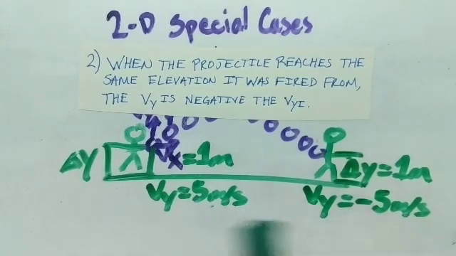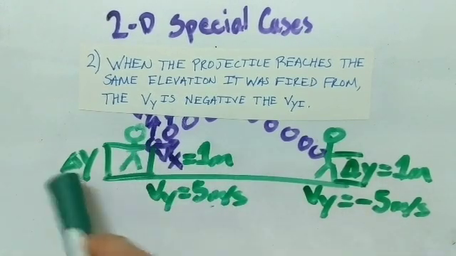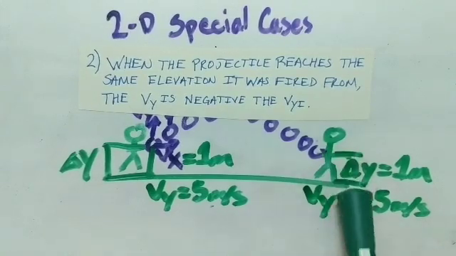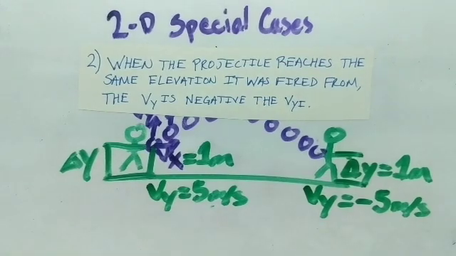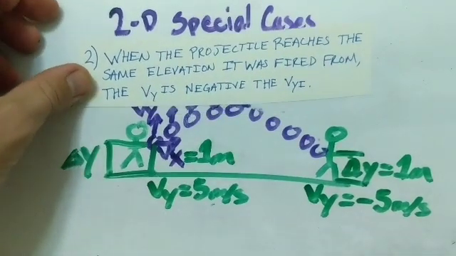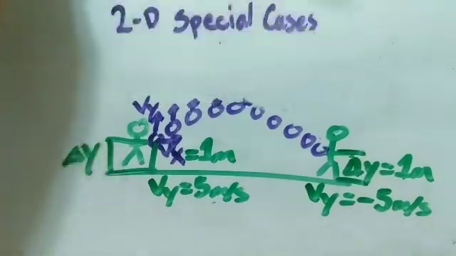So Vy is negative, Vyi was positive, at that same elevation. If this ball continued and it went to the ground, it fell an extra meter, then this case would not be true. So this has to be when they reach the same elevation. So this will be helpful sometimes, not all the time.